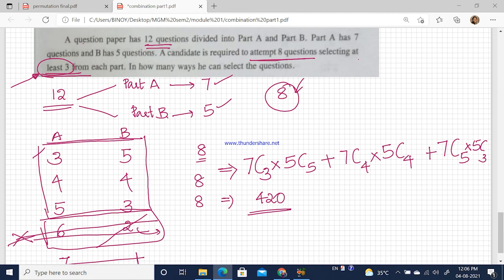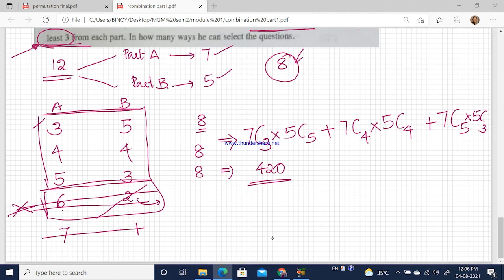Then in the next case I have 4, which means that at least 3 is satisfied in part A as well as in part B. Then if I am taking 5 questions from part A, I can attempt only 3 questions from part B. If it is 6, it is 2 only, which violates the condition, so I cannot take this. As well as 7 and 1, which is not possible either.